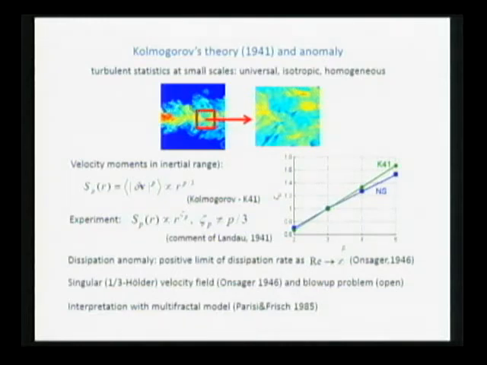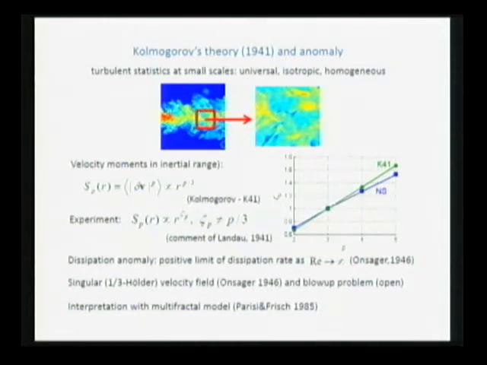Also, a bit later than Kolmogorov, Onsager came to similar conclusions, and in particular, he conjectured the dissipation anomaly, which says essentially that as you increase the Reynolds number, which means that you decrease the viscosity term, the dissipation rate remains constant.